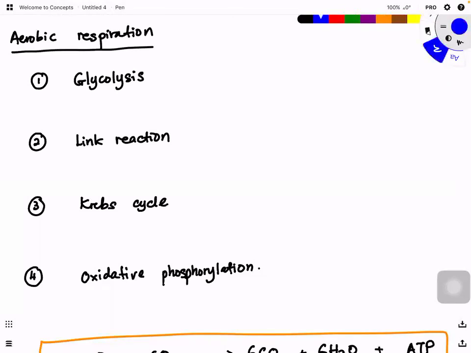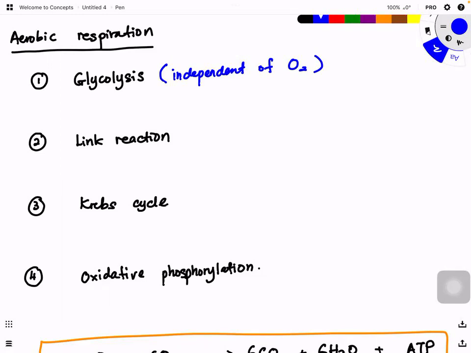Now, glycolysis is actually independent of oxygen. Whether O2 is there or not doesn't matter, because glycolysis can take place even without O2. Don't just say without O2, because glycolysis can also take place in the presence of O2. So I will use the words independent of O2.